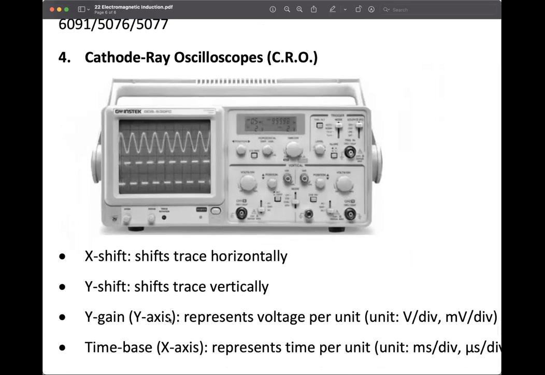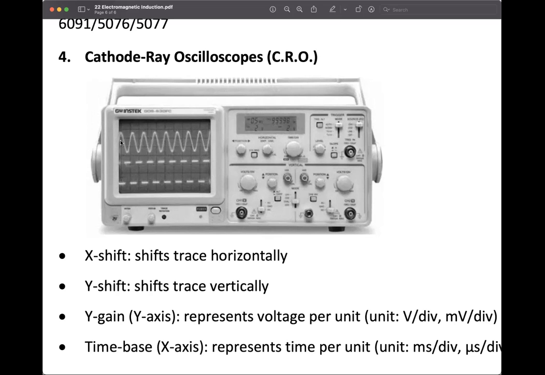So what is a Y gain and a time base? Y gain is basically changing the magnitude of your Y axis. The Y axis, in this case, could be current. So you just want to change the magnification of your current.